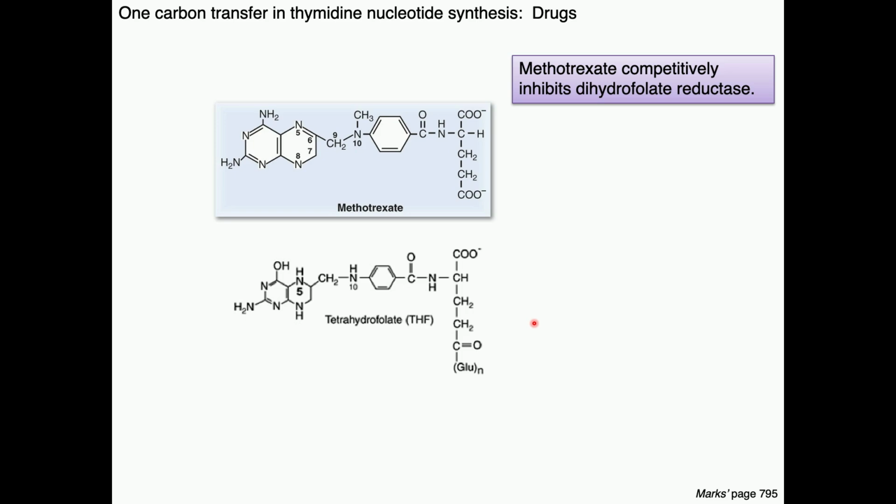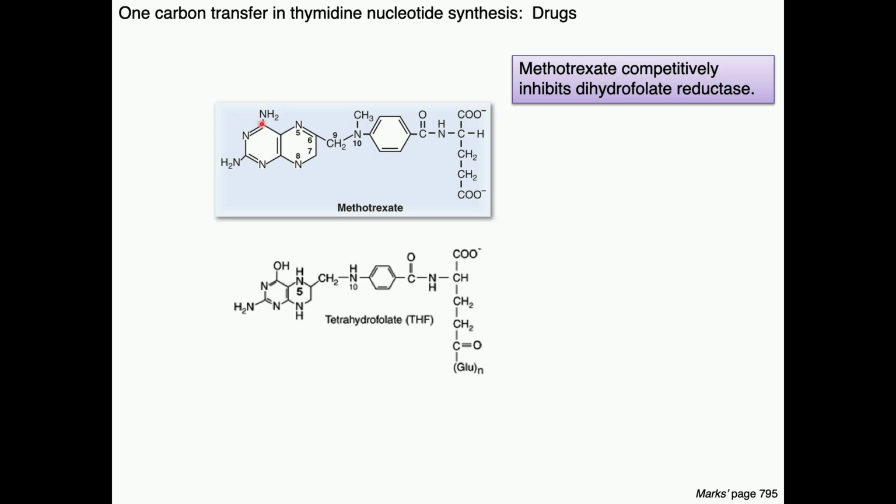So let's look at methotrexate first. Methotrexate is a competitive inhibitor of dihydrofolate reductase. If you look at the structure of tetrahydrofolate here, methotrexate's structure is almost identical. The methotrexate has a methyl where methyl tetrahydrofolate would be, so it's kind of resembling methyl tetrahydrofolate.